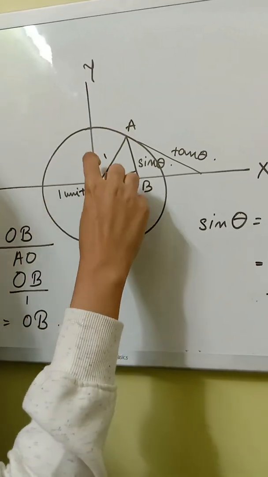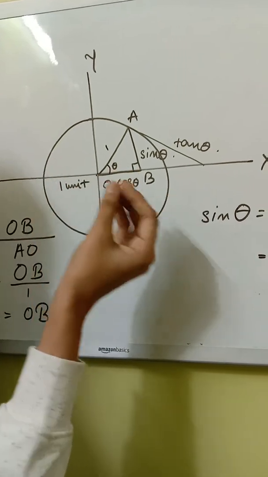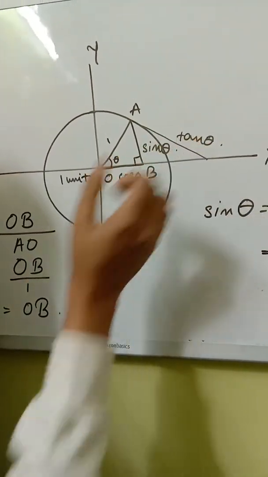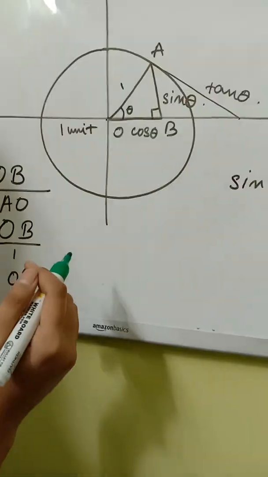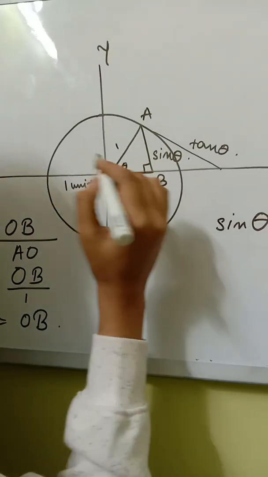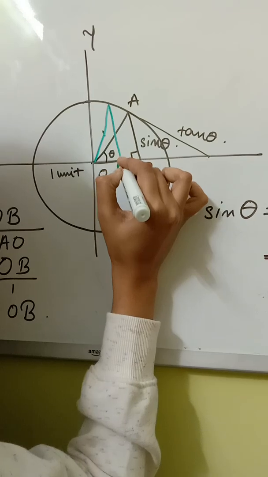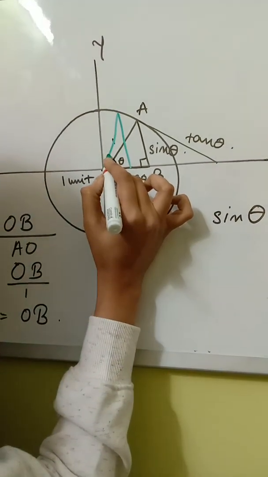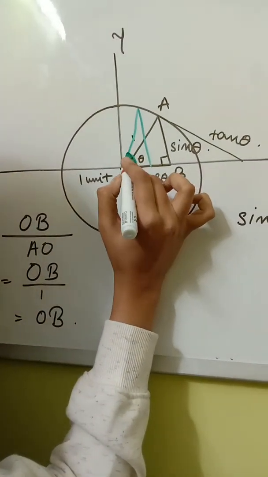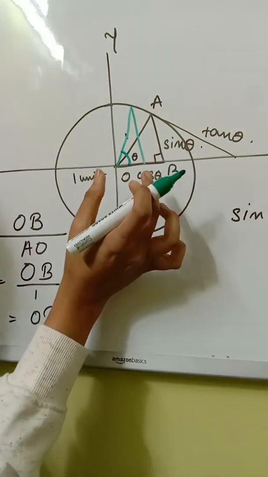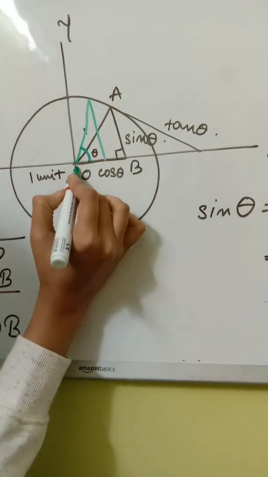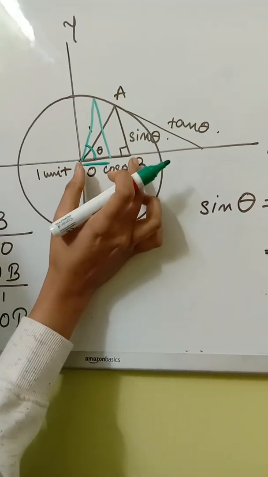Now what will happen if this angle theta changes? If theta increases or decreases, how will it affect the sine, cos and tan? For example, the theta increases. So in that case, the triangle will look like this. Here the theta has increased from the previous theta, and we can clearly see that the cos theta has reduced from the previous one.